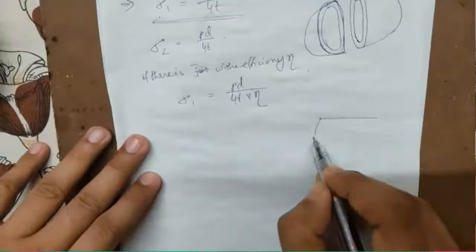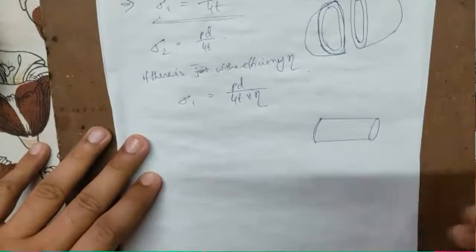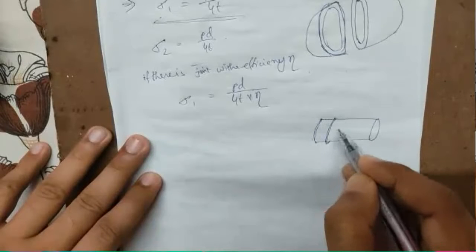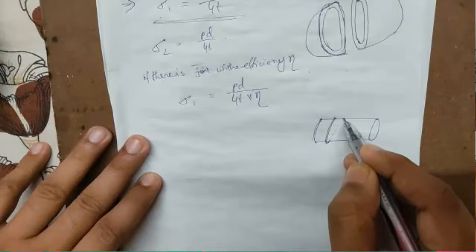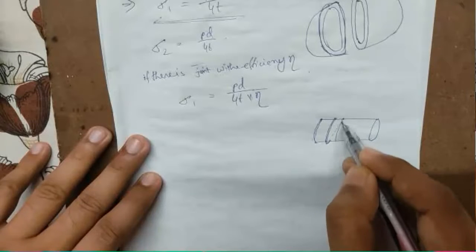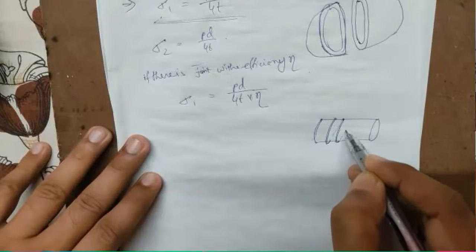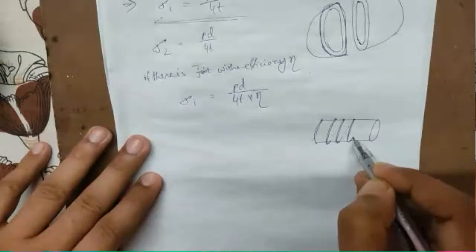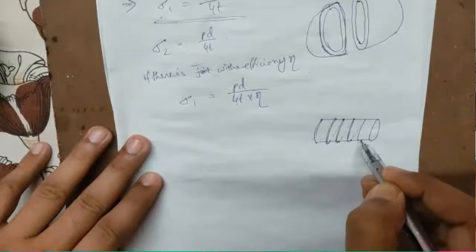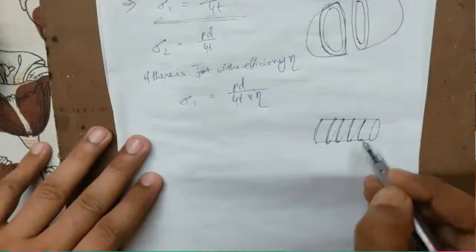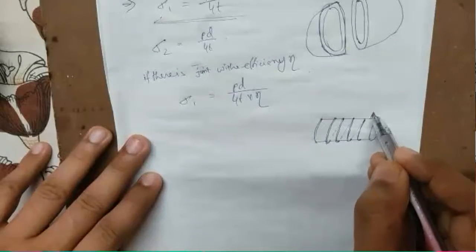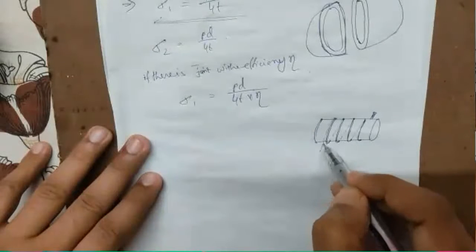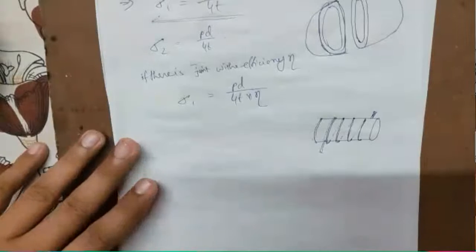It is like, if this is the cylindrical pressure vessel, winding is done this way to improve the strength.